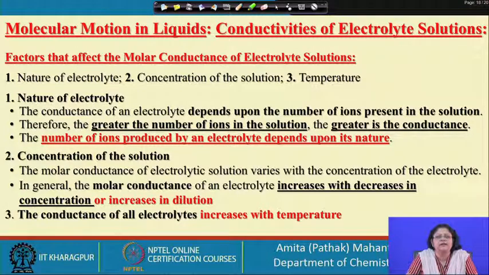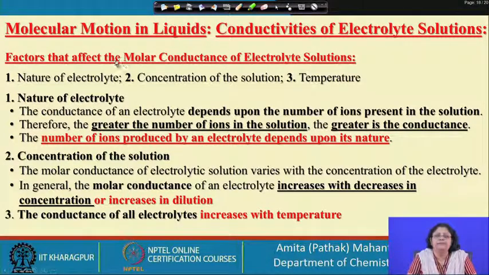From all of these discussions we know that when we increase the temperature, we increase the kinetic energy of the particles, which means the velocity of the particles increases, and if the velocities are increasing, the specific conductance and the molar conductance are going to increase, right.